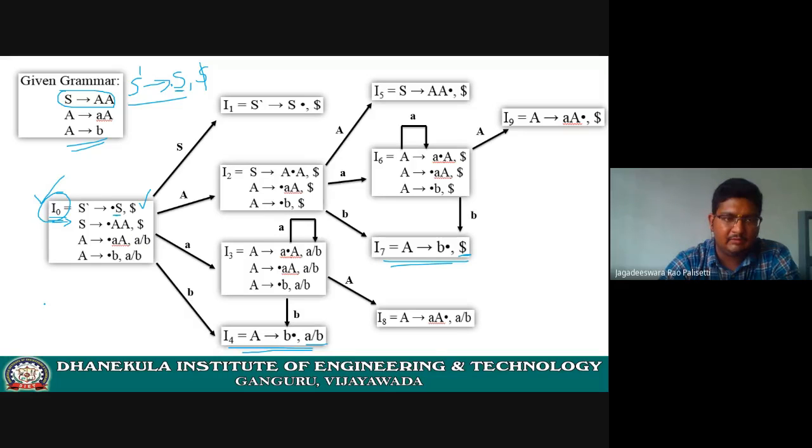And I have to find out the lookahead symbol. How do I get the lookahead symbol here? Why am I adding this particular production? Because of this particular production.